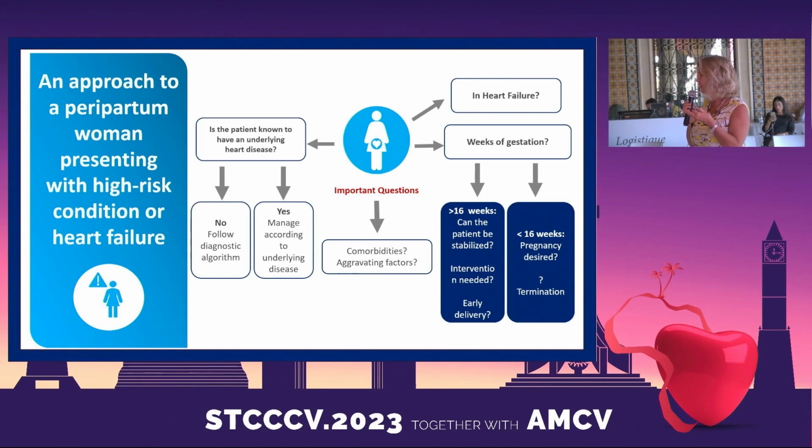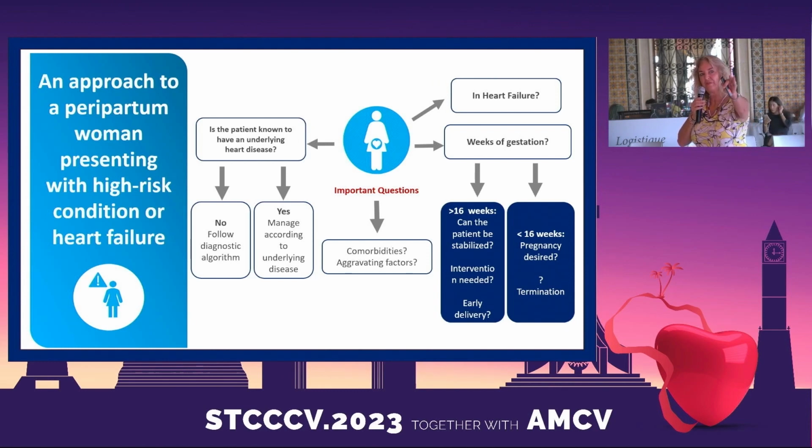Also, the chance for a reasonably good fetal outcome is very slim. There is growth retardation, and they're born prematurely. So that's our recommendation. If already in heart failure at less than 16 weeks, we usually end the pregnancy or encourage it. Some women choose not to.